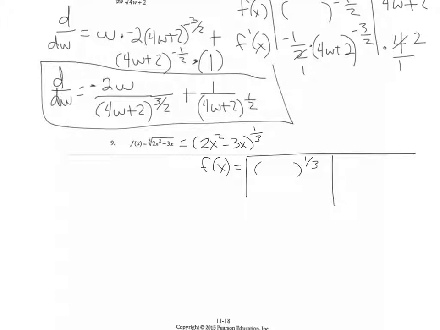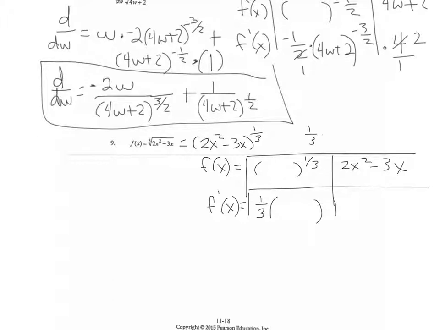And what's inside that parentheses is 2x squared minus 3x. So that's my function broken apart into an outer function and an inner function. Now I can differentiate. So something raised to the 1/3 power would turn into 1/3 times something raised to, now remember, we have to subtract 1 to get our new exponent.